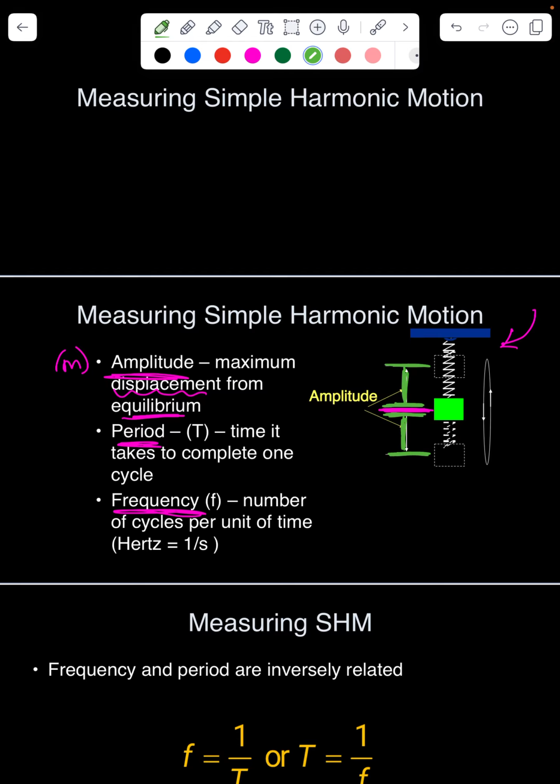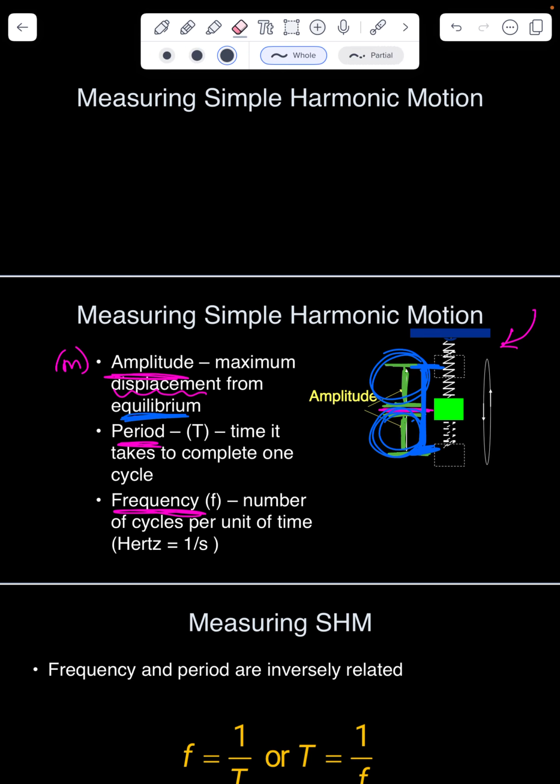But a lot of people miss this when I ask you to measure or label amplitude: they give me the highest point to the lowest point. That whole thing is not the amplitude. It's the maximum displacement away from the equilibrium, so we're looking at either this or this. It's not from max displacement to max displacement.